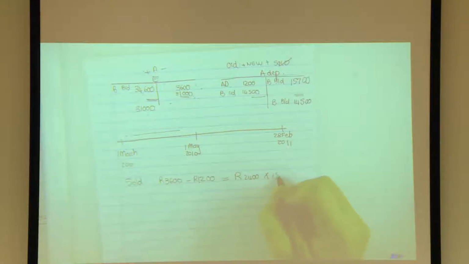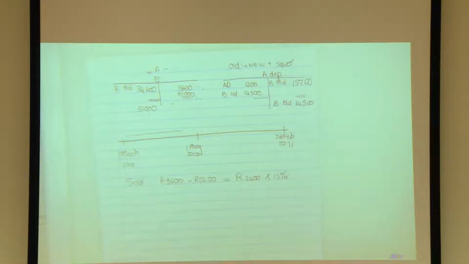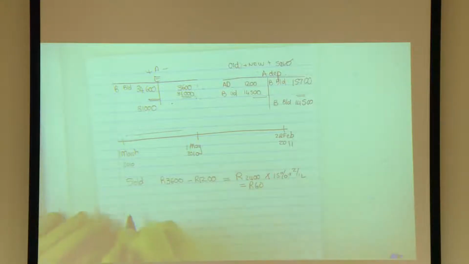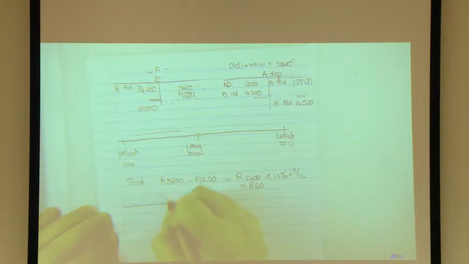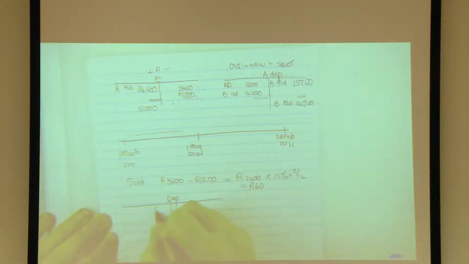It's 15%. How many months? March, April. Do I count May? So how many months is it? So what is my depreciation on the asset which I sold? So my first entry in my income statement for depreciation is 60.